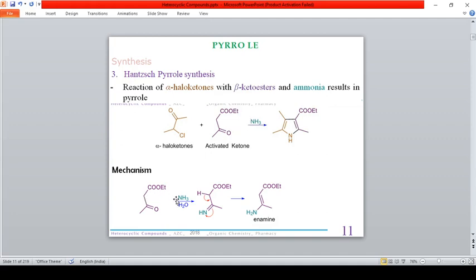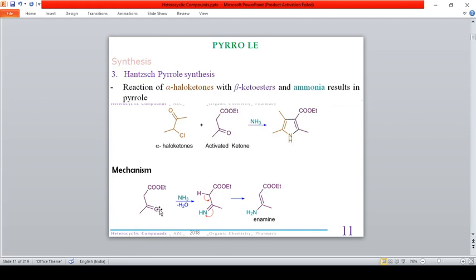What happens is ammonia, being nucleophilic, will attack the carbonyl carbon. Now this O will become O negative and your ammonia will have a positive charge. In order to stabilize both the charges, nitrogen will lose a proton.